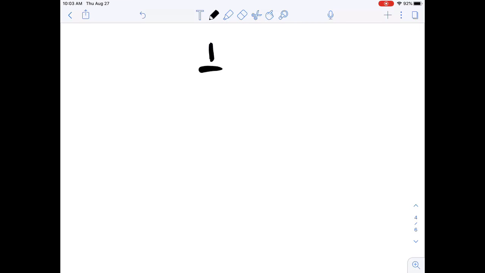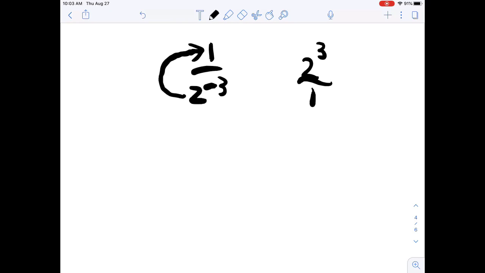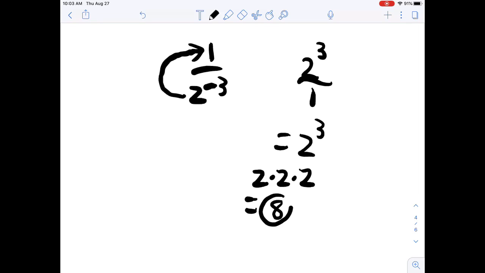So let's say you have 1 over 2 to the power of negative 3, and you have to write this as a positive exponent. We would simply just move 2 to the power of negative 3 to the numerator, so it becomes 2 to the power of 3 over 1, which is just the same as 2 to the power of 3. And from here we would solve 2 times 2 times 2, which equals 8.